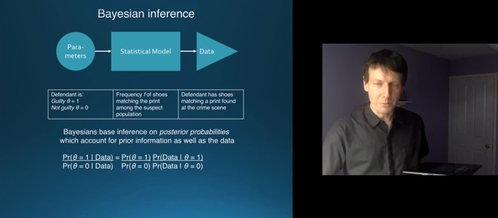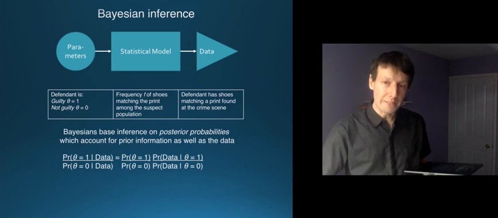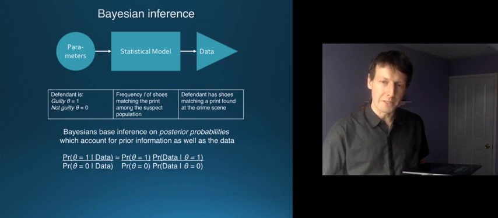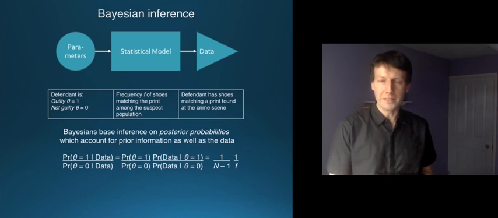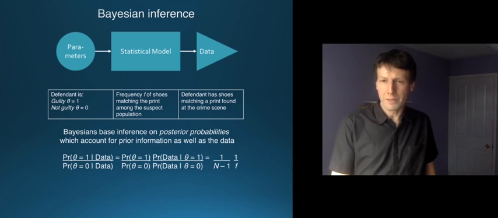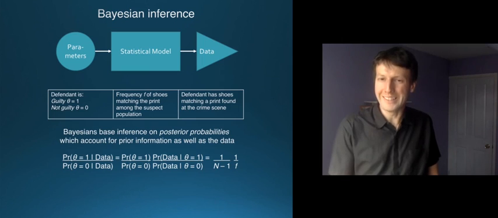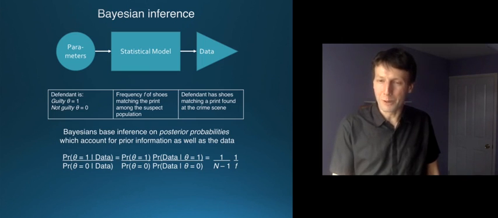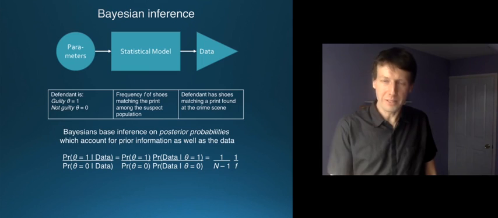Well, I think a reasonable assumption might be that he's equally likely as anyone else within that population. And so if the size of that population is n, then the prior odds that he's guilty or not guilty are 1 versus n minus 1. So 1, because it's him, or n minus 1 because it's anybody else. So that's why that ratio is 1 over n minus 1.